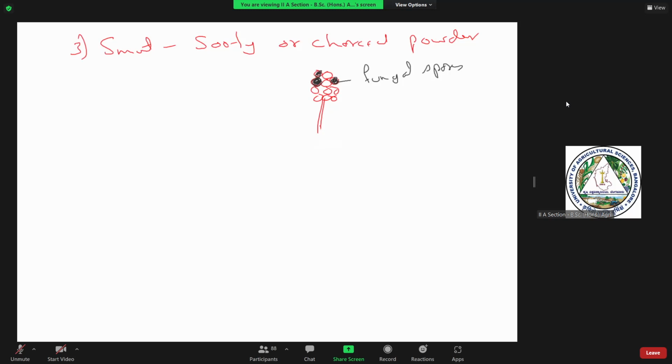As I mentioned, the symptoms appear on the floral organs, particularly the ovary parts. And if you look into the difference between the smut and the rust spores, the smut spores are quite bigger compared to that of the rust spores.